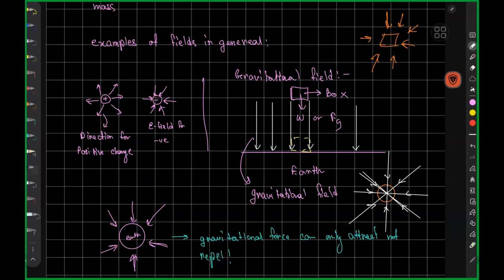Which is why near the Earth's surface, we say gravitational field strength is almost constant, because there's very little variation. Near the Earth's surface, we don't see the Earth's arc. We don't see much of a difference between the field lines.